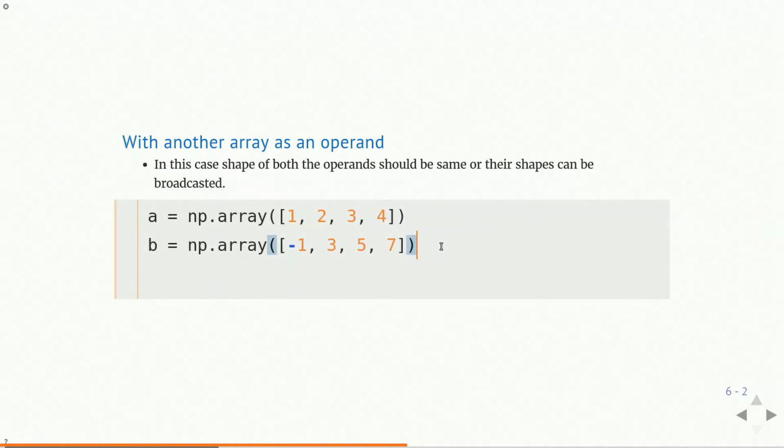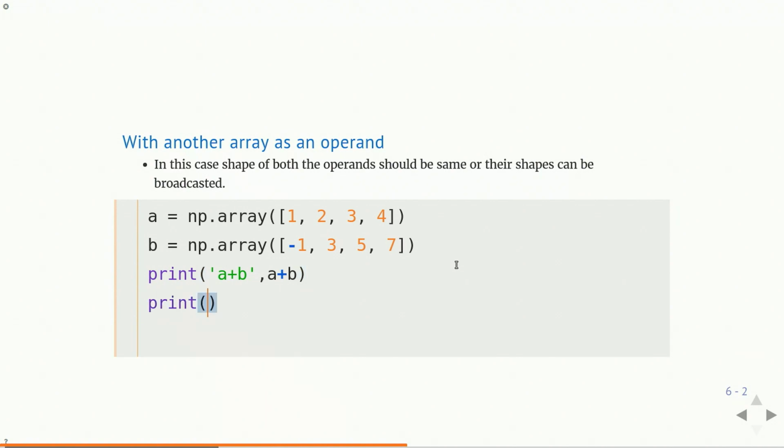Let's see an example. Given these two arrays of the same shape, I am going to apply the binary arithmetic operators plus, division and multiplication. So let's go and see. Print a plus b. This will give us a new array where each element will be the result of the sum of corresponding elements of a and b.